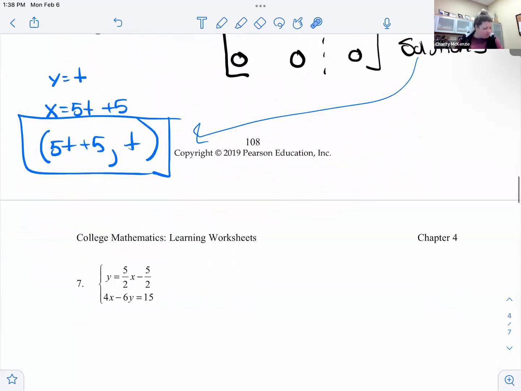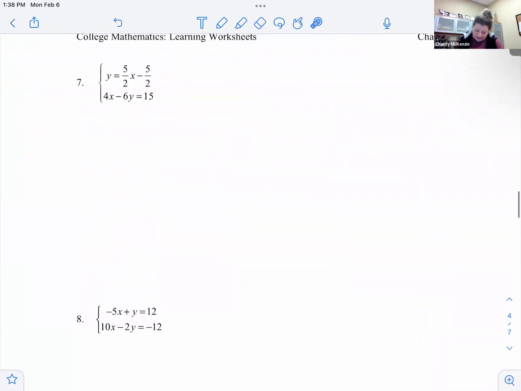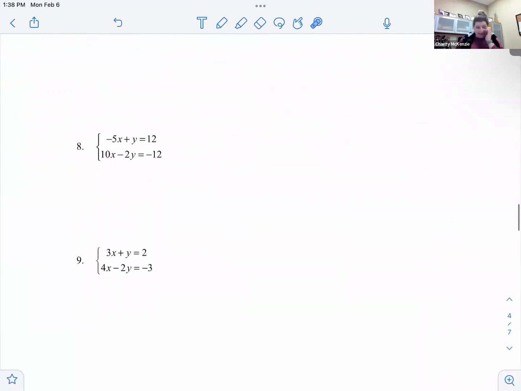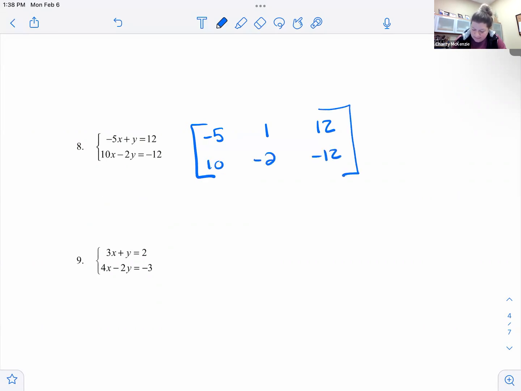So let me find one. 8 is going to have no solution. So let's do 8. So we're going to put it in our matrix form again. -5, 1, 12, 10, -2, -12. Okay.